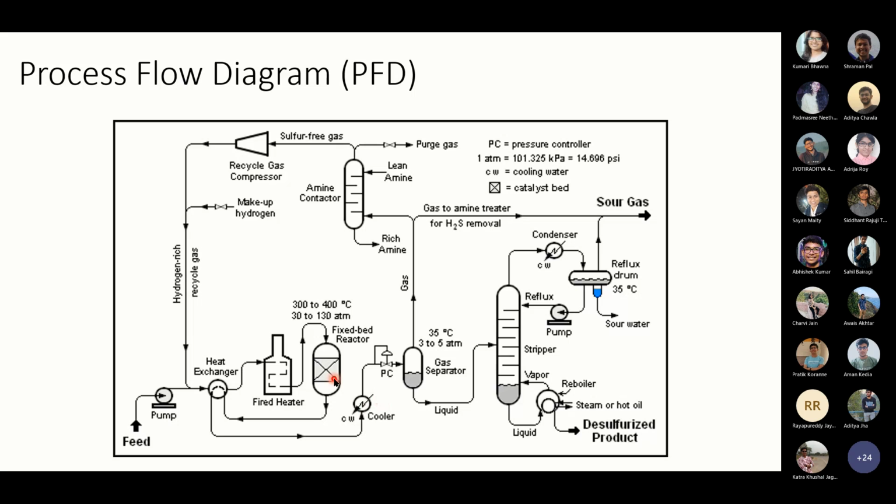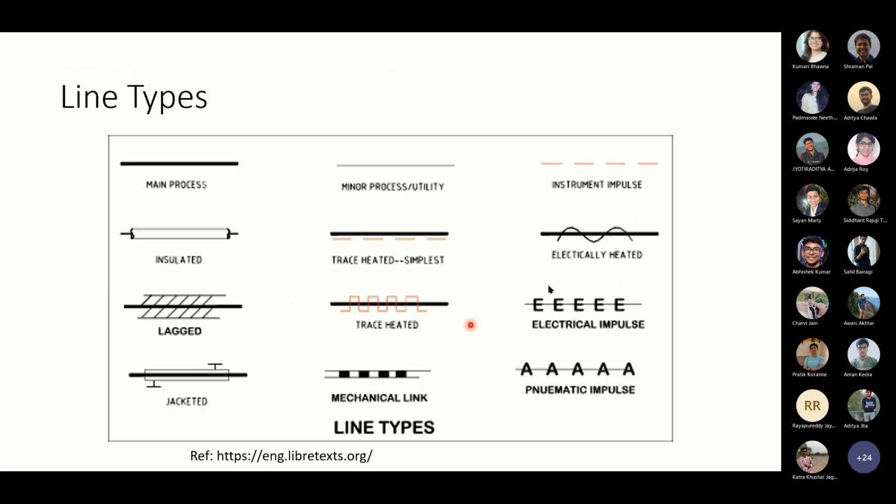So at that time, we need to use a utility line. But we won't show in the PFD diagram whether it is a utility line, or whether within the process you are connecting, or taking from the outside utility line. We'll just put it as a cooler only. But in the P&ID diagram, we have to show whether it's using a utility or whether within the process you are connecting one stream to another stream.